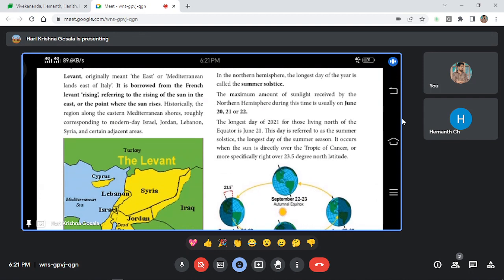The longest day of 2021 for those living north of the equator is June 21. This day is referred to as the summer solstice. It occurs when the sun is directly over the Tropic of Cancer, or more specifically, right over the 23 degree north latitude.